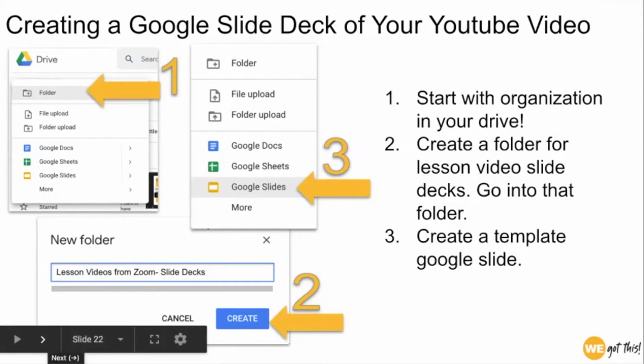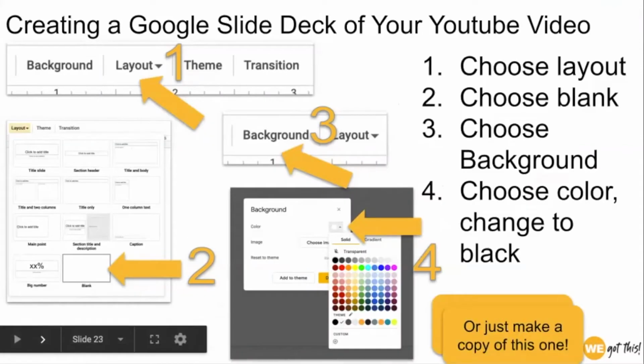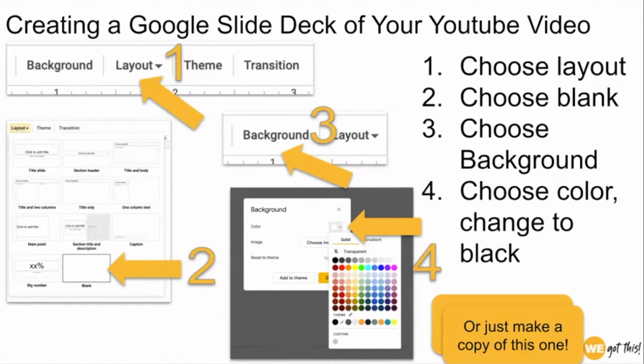And then I would just create a template so that it's easier for me than having to recreate a new slide every single time. So a template for me would be to create a blank layout where we put a black background on it, and then we go ahead and just add the video on top of that.